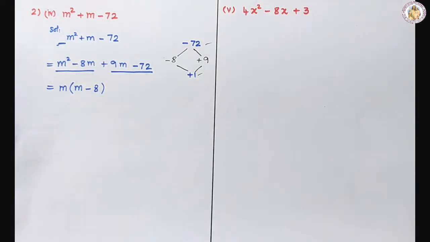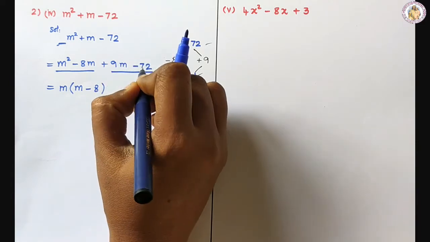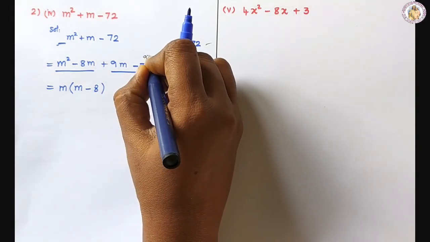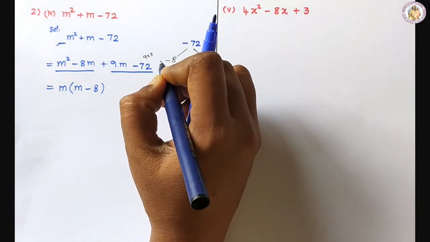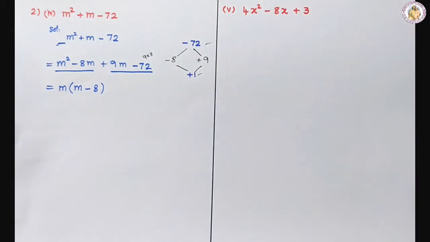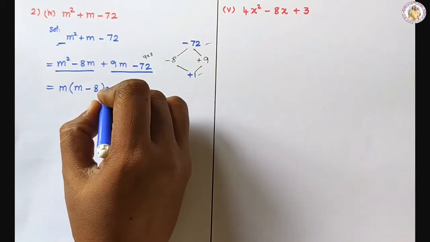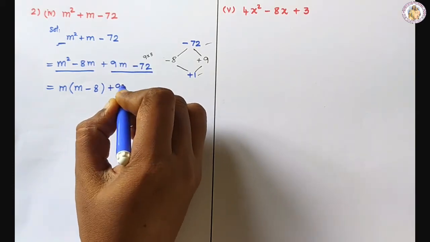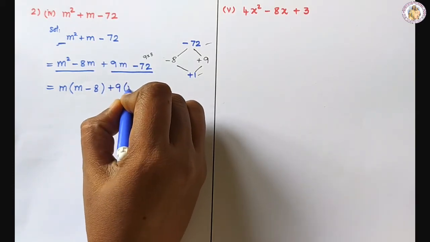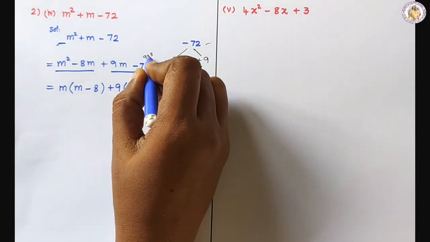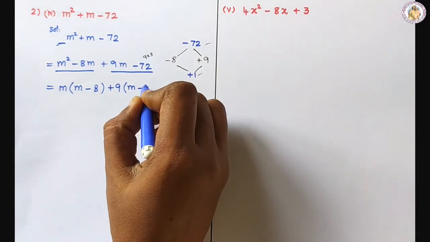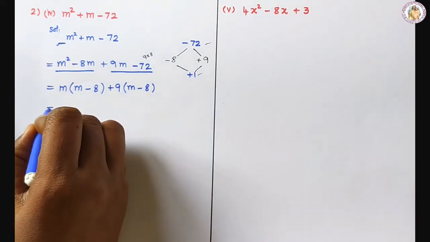Again, here 9, here also 72 can be written as 9 into 8. So in both the terms 9 is there. So plus 9 taken out, balance m here, minus 9 is taken out, so 8 is balance here.